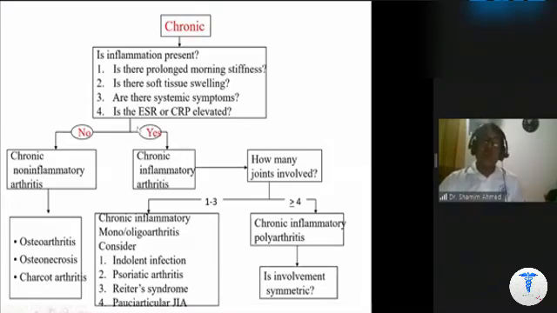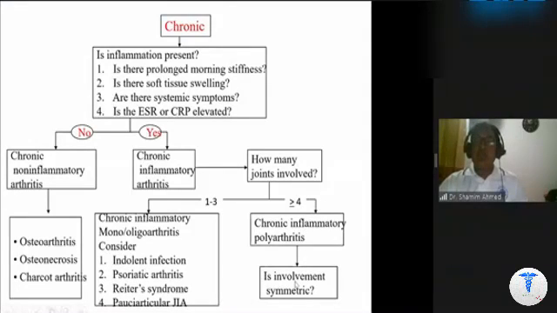If inflammatory features are present, it is chronic inflammatory arthritis. Then we should consider how many joints are involved. If 1 to 3 joints are involved, it is chronic oligoarticular presentation, and consider indolent infection, psoriatic arthritis, Reiter's syndrome, or polyarticular gout. If more than 4 joints are involved, it is chronic inflammatory polyarthritis.